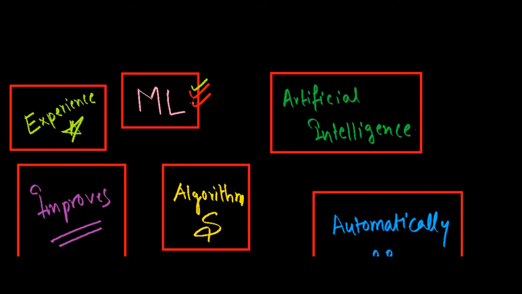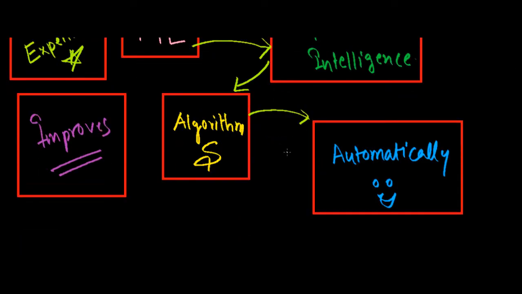So you can answer this question as: machine learning is the study of algorithms related to artificial intelligence. Those algorithms are capable of automatically changing themselves or improving themselves by using the experience that they have.